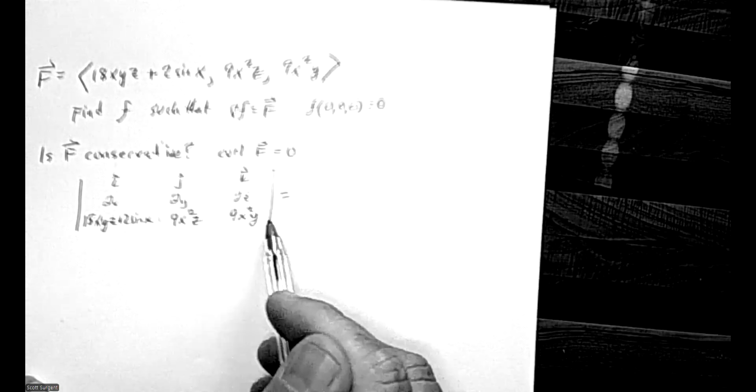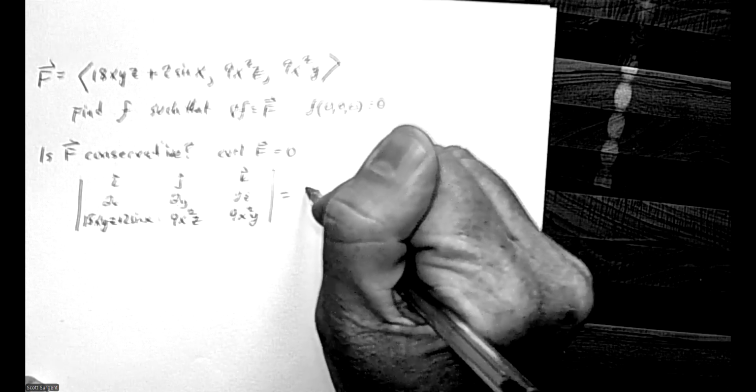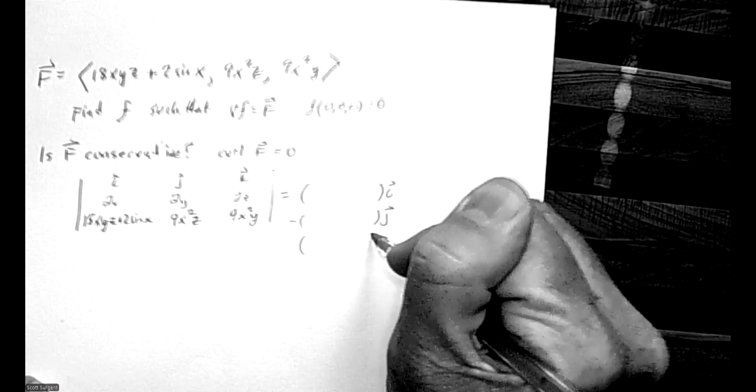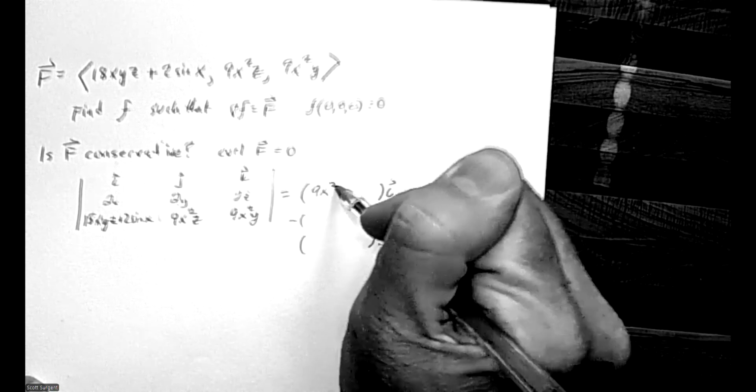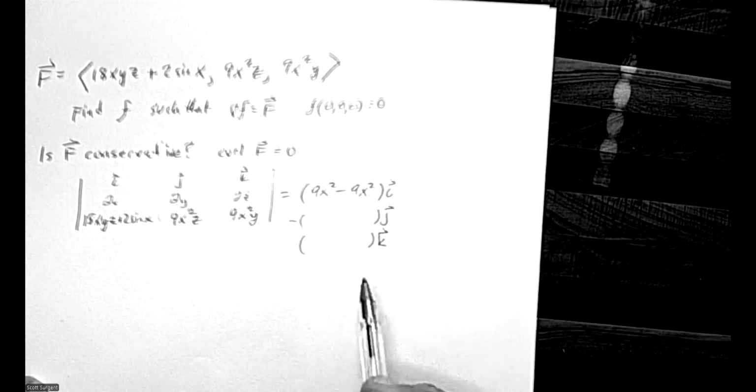So for the i component, it's going to be the determinant of these guys. So this means take the partial with respect to y of this guy, so it's 9x squared. I'll do this as i, and then j, and then k, because it'll just be easier. So it'll be 9x squared, and then partial with respect to z, this will be 9x squared. So that looks like it's going to drop out.